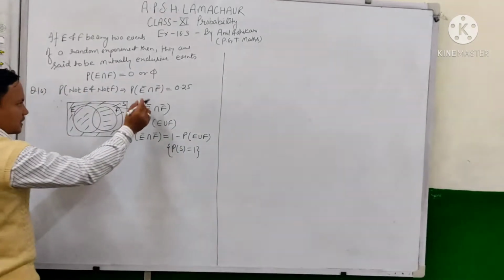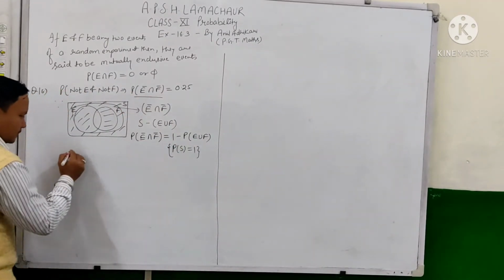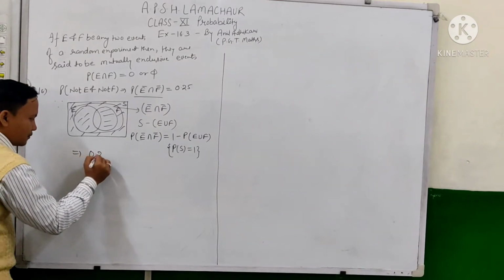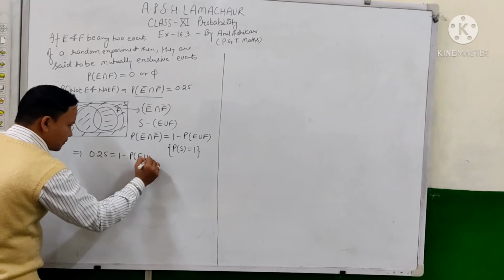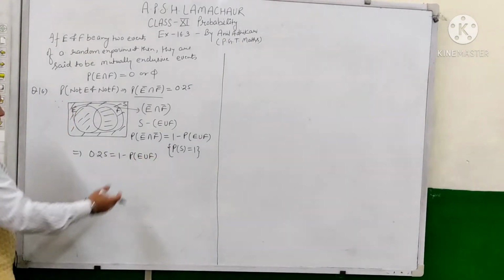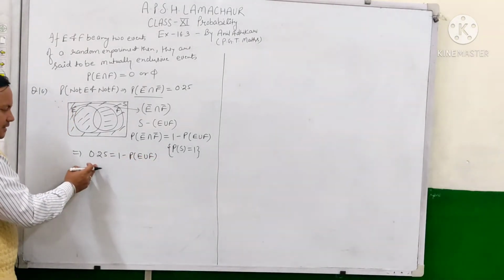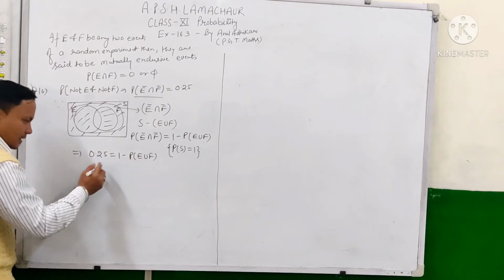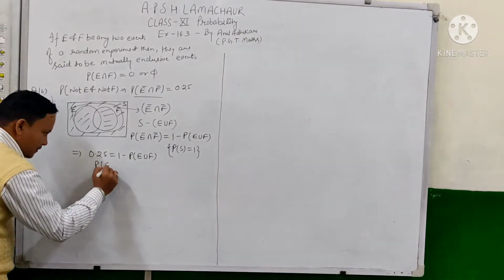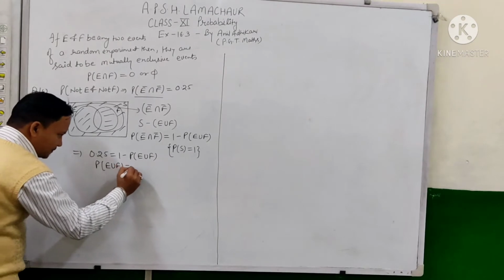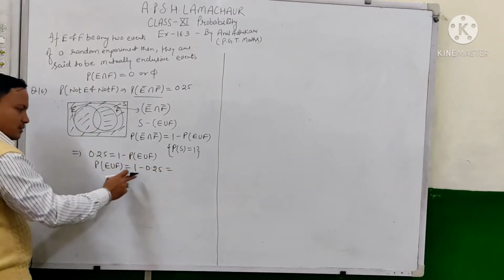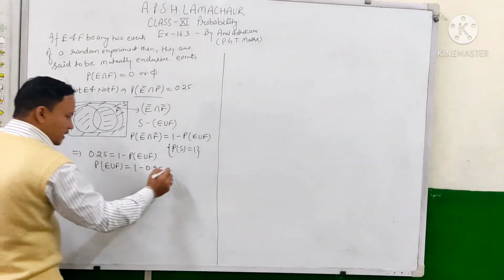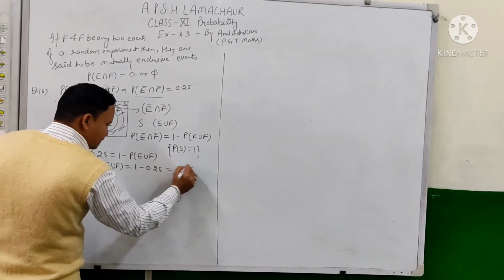Now, putting in the value, we get 0.25 is equal to 1 minus the probability of E union F. Shifting terms, we get the probability of E union F is equal to 1 minus 0.25, which is 0.75.